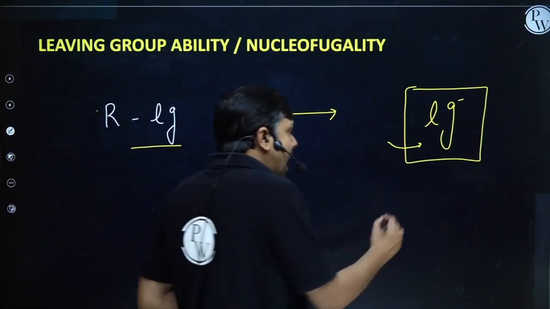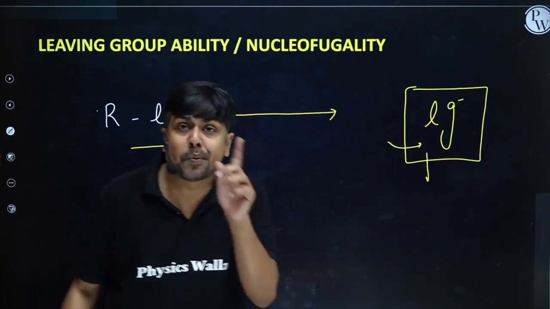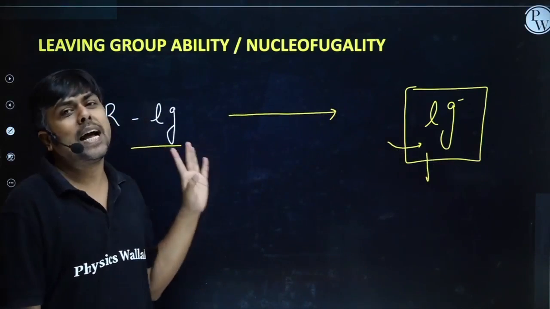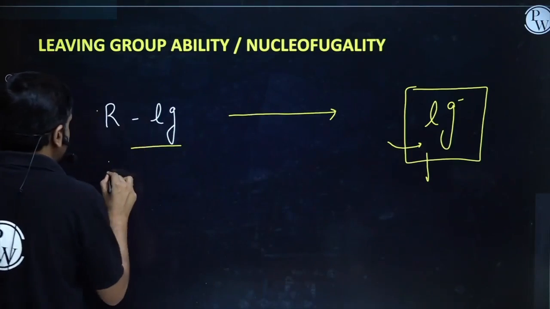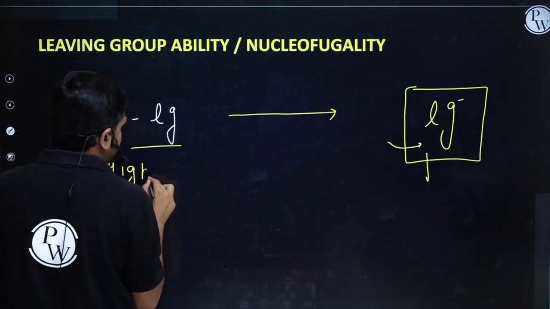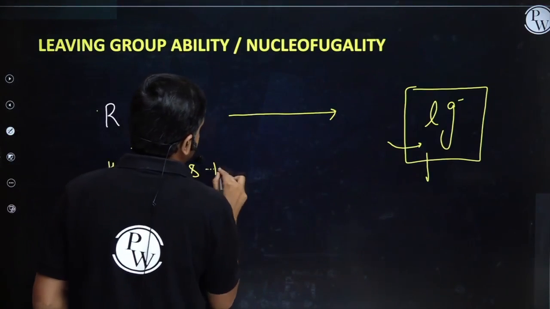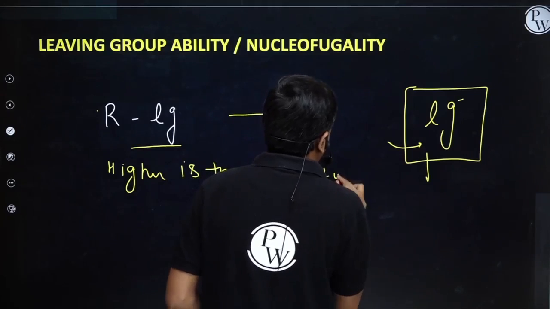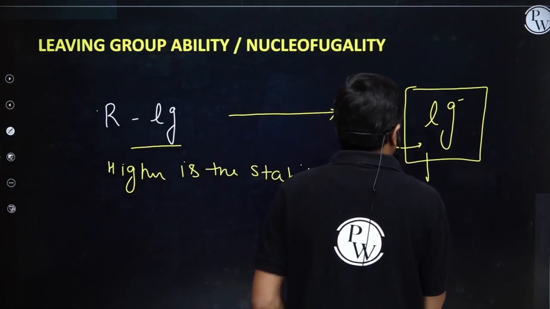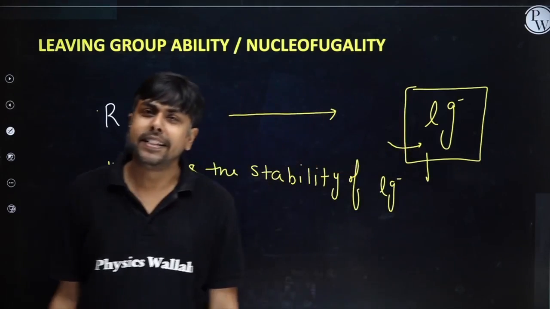Now if this ion Lg minus is more stable, the leaving ability will be much better. Am I clear? Higher is the stability of Lg minus, better will be the leaving ability.